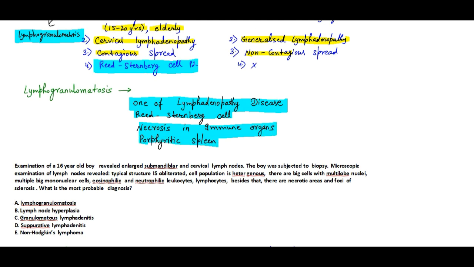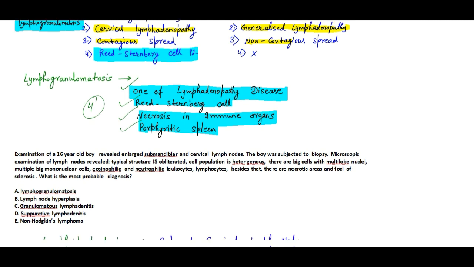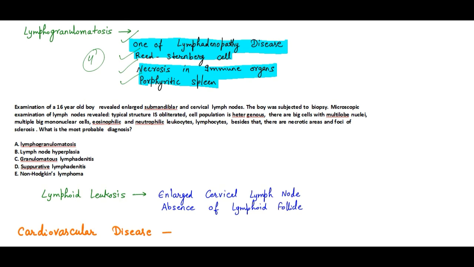So remember these four things for lymphogranulomatosis or Hodgkin lymphoma: cervical lymphadenopathy, Reed-Sternberg cell, necrosis in the immune organs and porphyritic spleen. So what will be our answer? That is lymphogranulomatosis. In this question we can see there is enlarged submandibular and cervical lymph node. Can you see, or only I can see?